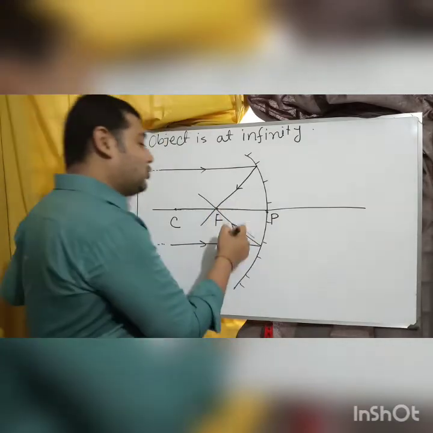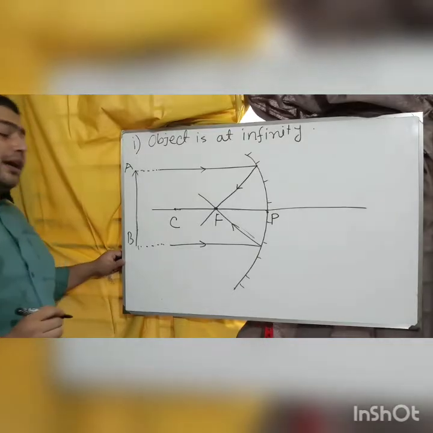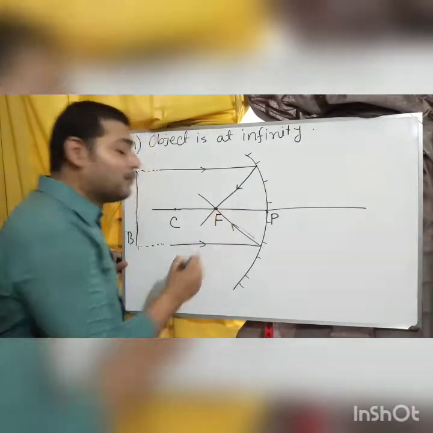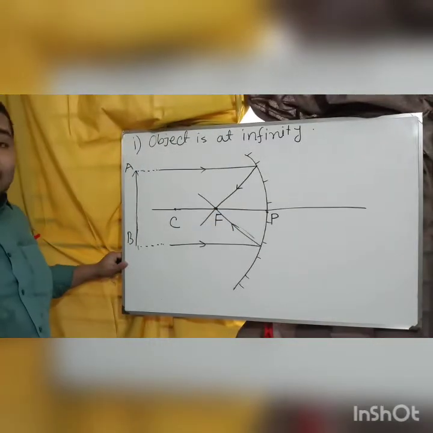These two reflected rays meet at the focus point, so at this point we get an image.